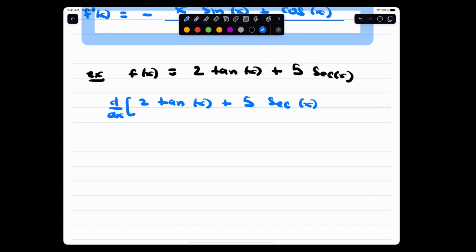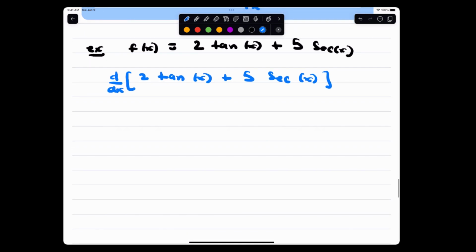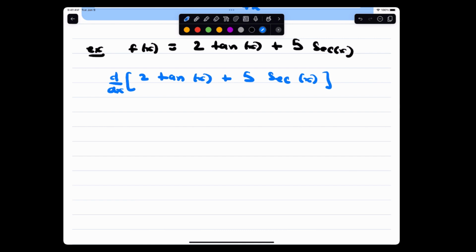Secant. So you have the derivative of a what? Sum is now sum of what? Derivatives. Is that true? You guys see what I'm saying?